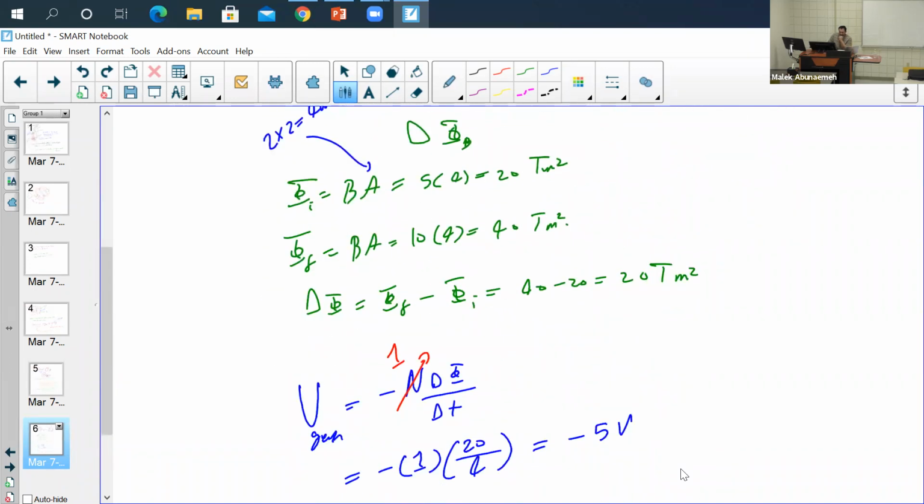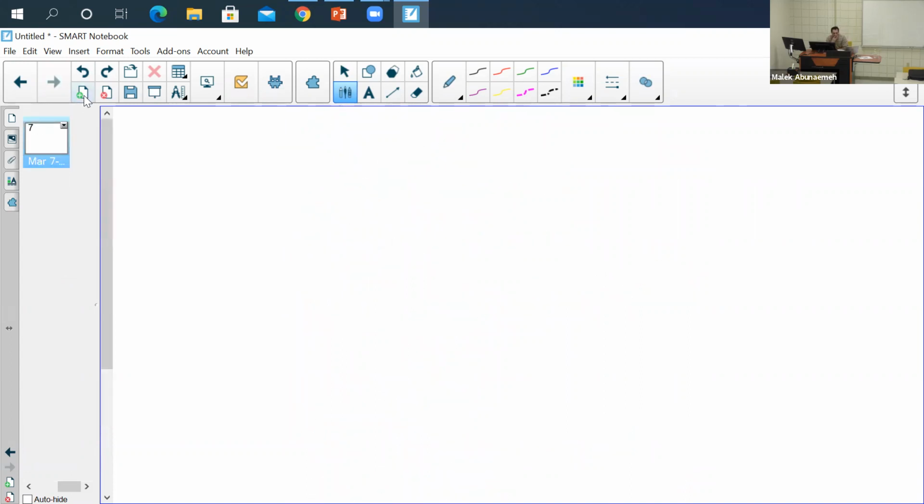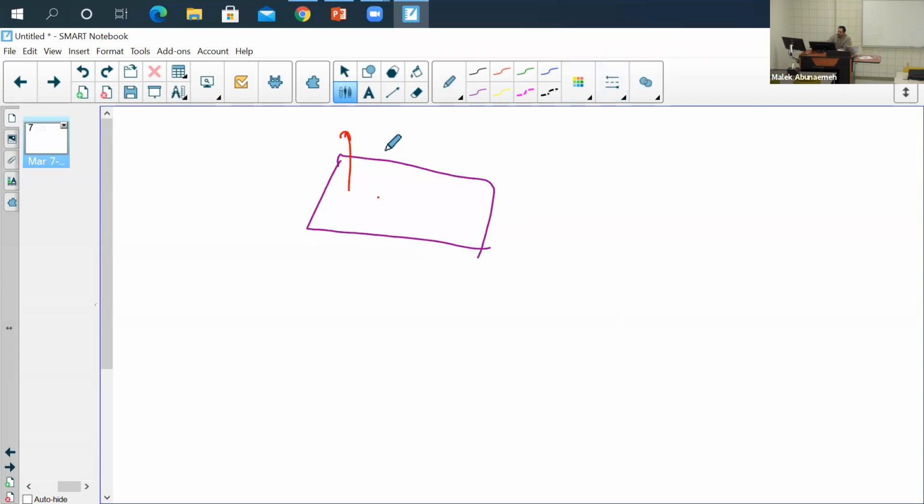Now, let's take another example, another situation. Supposedly we have our little loop of wire, and you've got your magnetic field coming up.